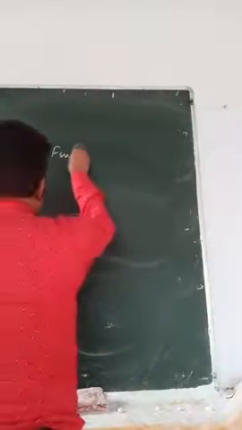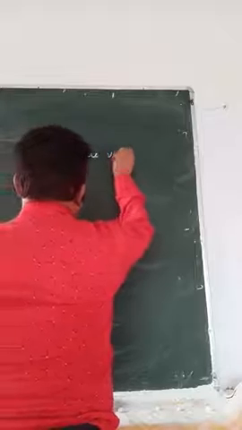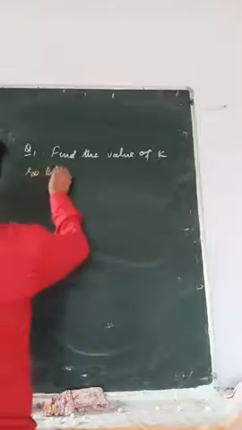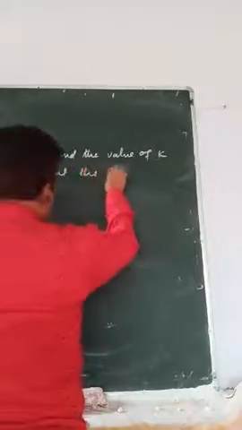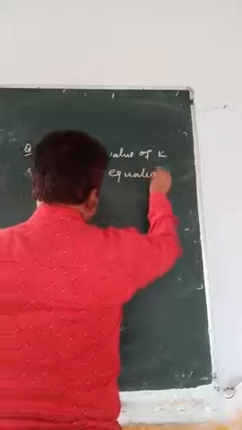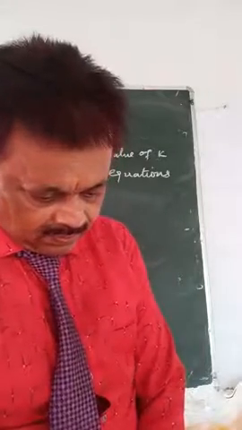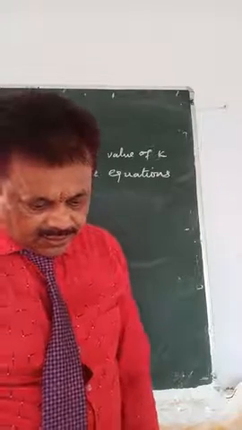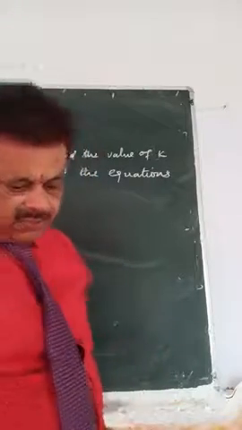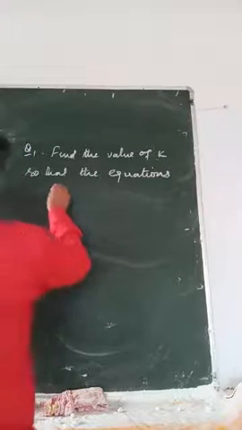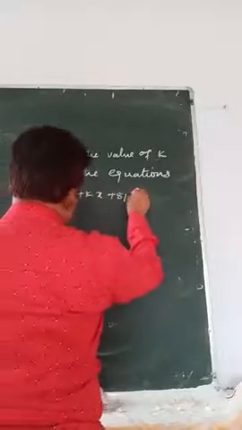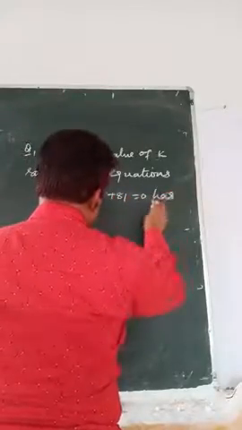Find the value of k so that the equations 9x square plus kx plus 81 equals to 0 have equal roots.